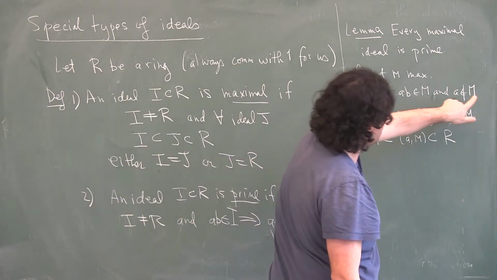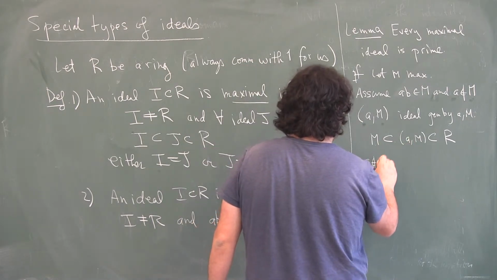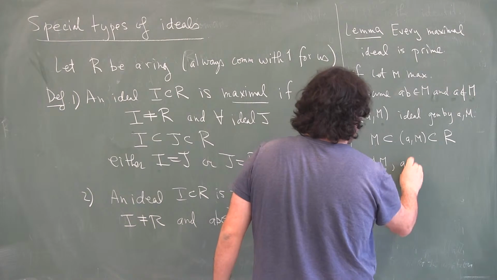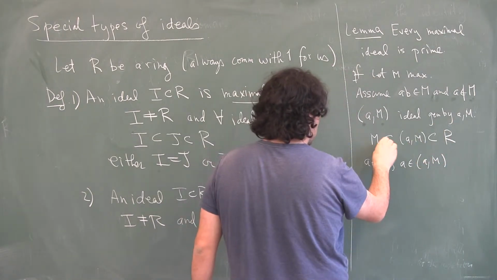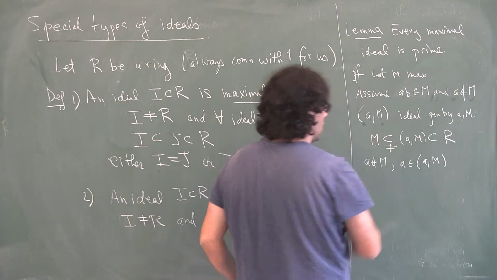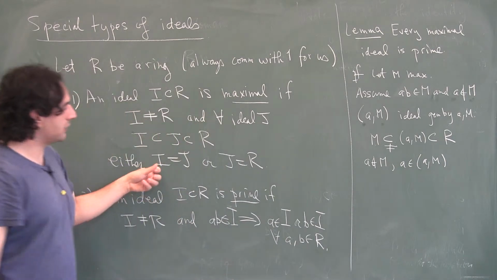Now, A is not in M, but A is in the ideal generated by A and M. So that gives us that this first inclusion is a strict inclusion. The ideal generated by A and M is strictly bigger. Now go back to the definition.